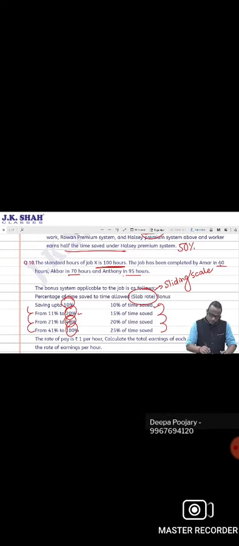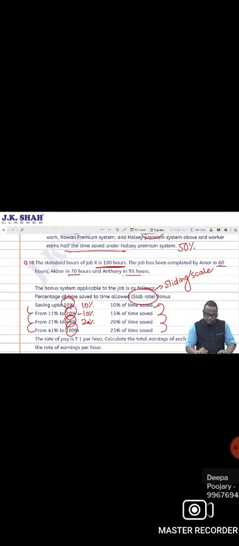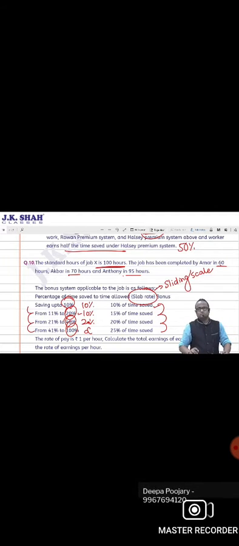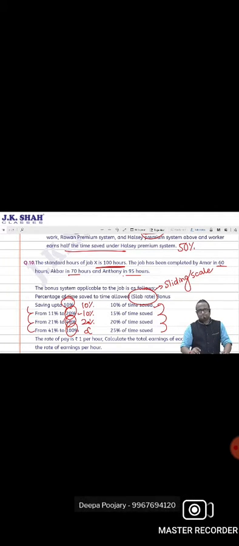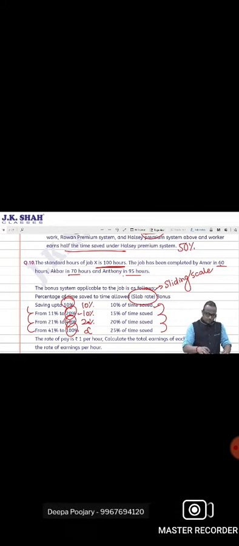Look at the slab. Up to 10%, then another 10% consists of 10%, but this consists of 20, and this is infinite. You can go to any level.